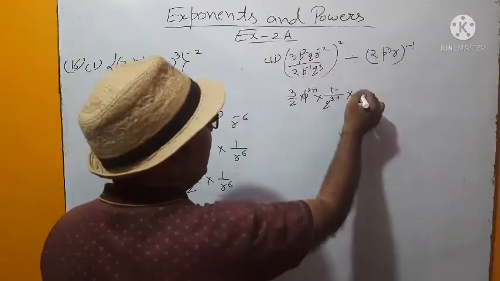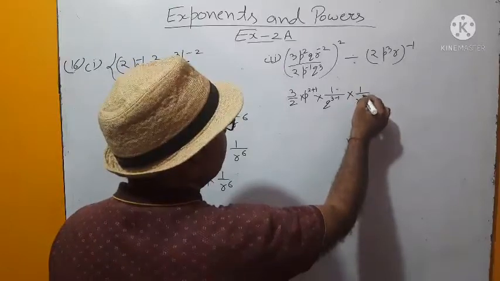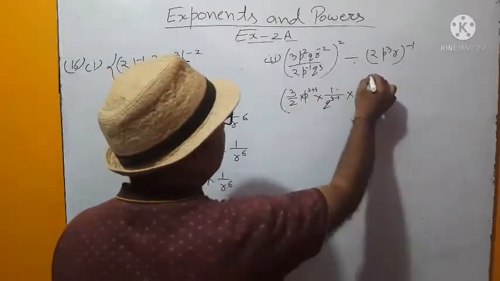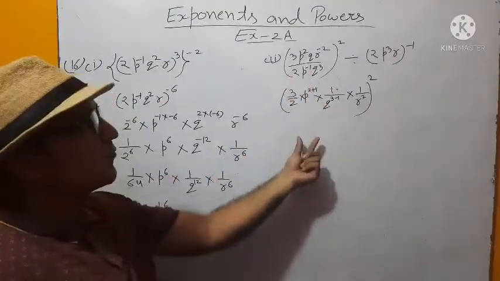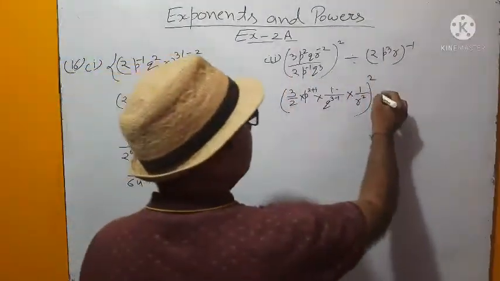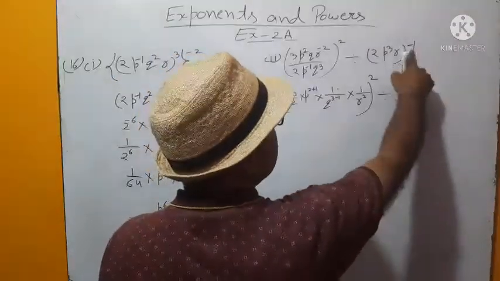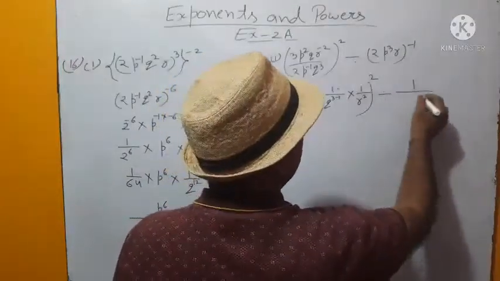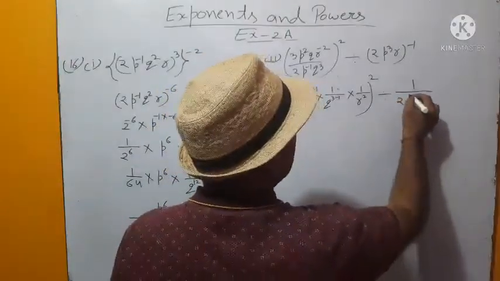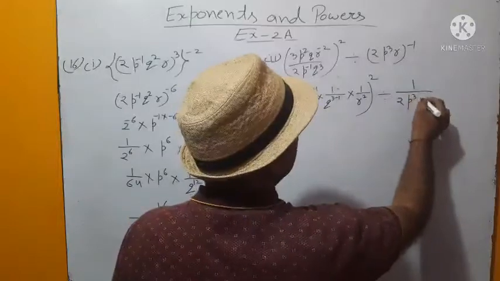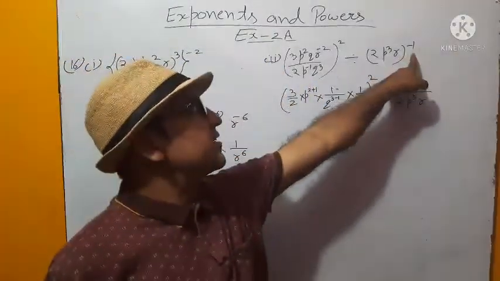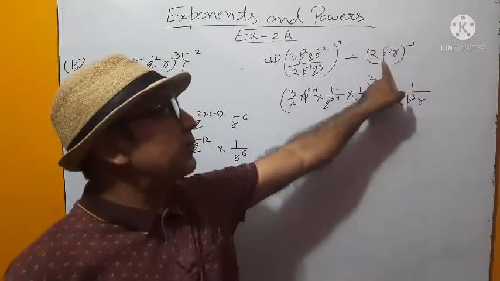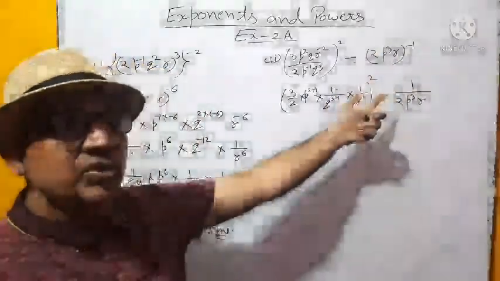Into r power minus 2 can be written as 1 upon r square. First I have solved inside the bracket numbers. Okay? And here divided by, see exponent is negative, so we can write it 1 upon 2 p to the power 3 into r. When exponent is negative, we write the reciprocal of the base, then power becomes positive.